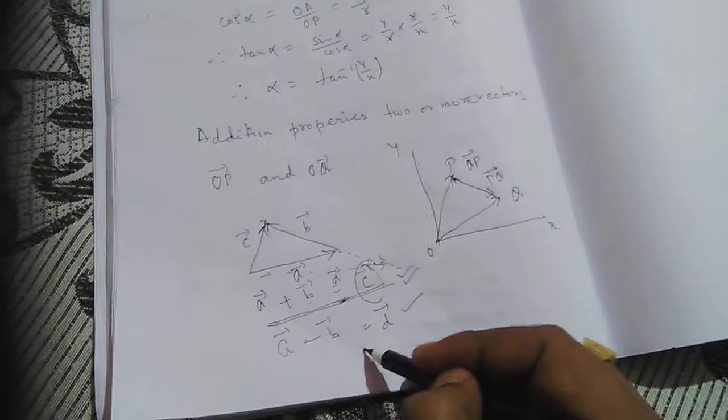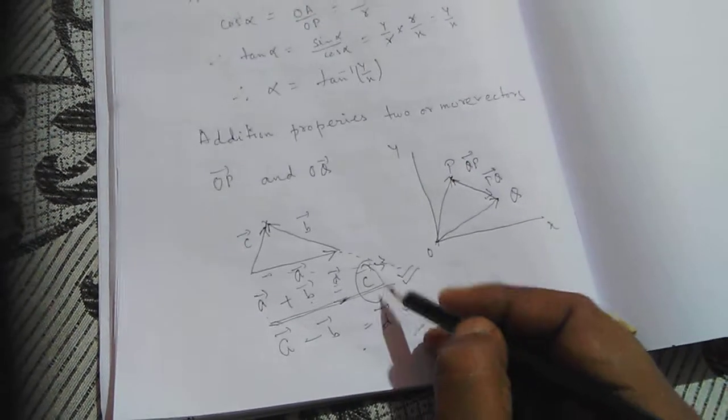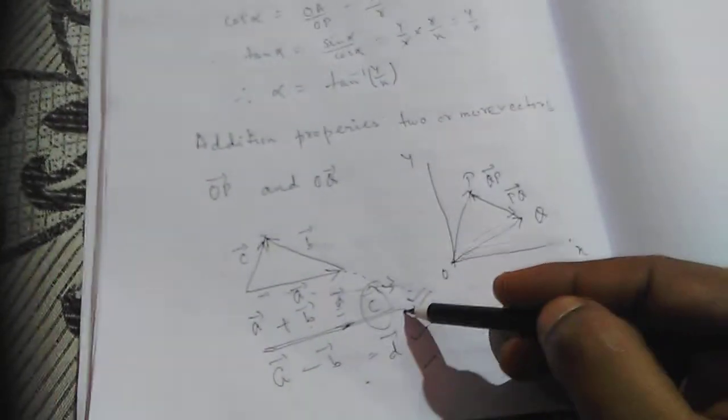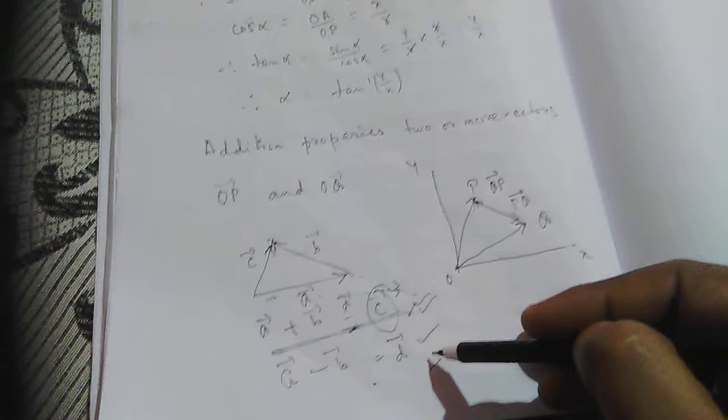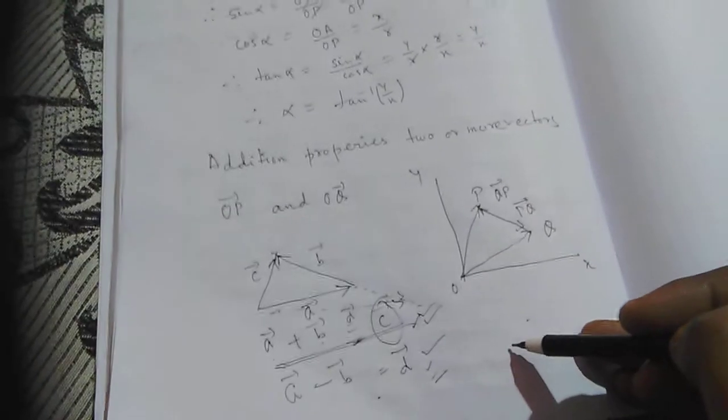In this way subtraction of vectors is also possible. For both, the resultant vector's magnitude and direction can be calculated. In the next video I will show it.